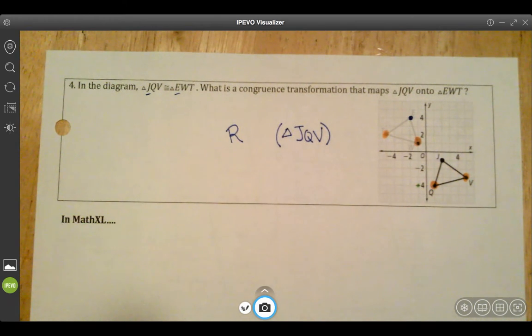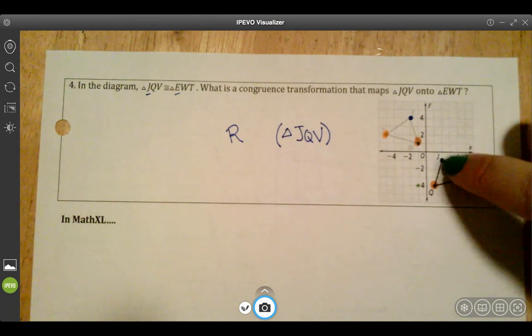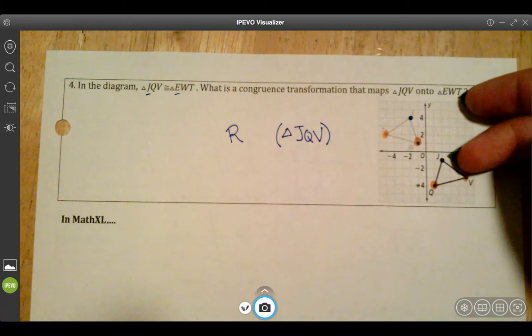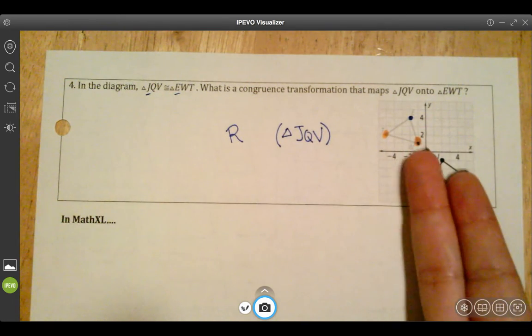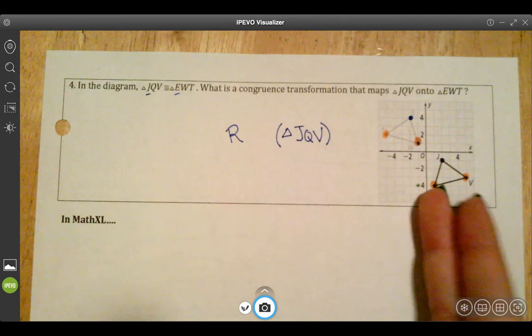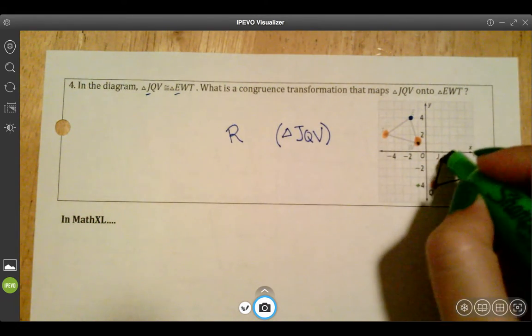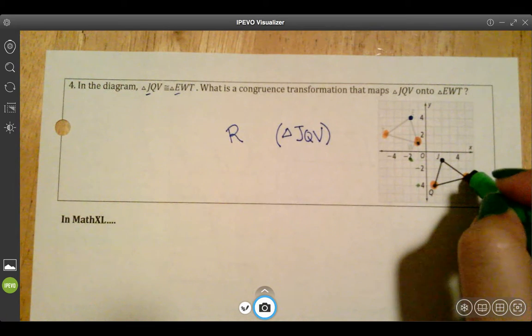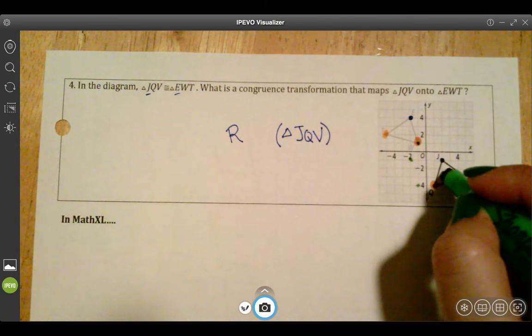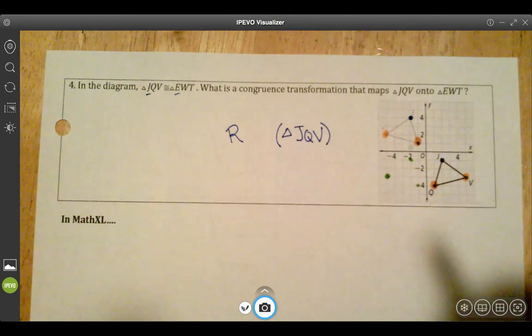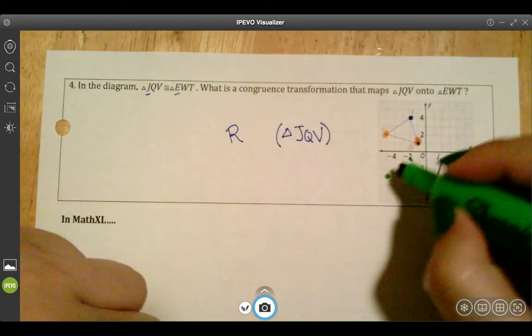And so I know that I want blue over pink, blue over pink. If I reflect it, pink will be over blue. But I do want pink to the right of blue, so I want to reflect it this way. So Q moves there, J goes there, V, 1, 2, 3, 4, 5, 1, 2, 3, 4, 5. So here's my new triangle.